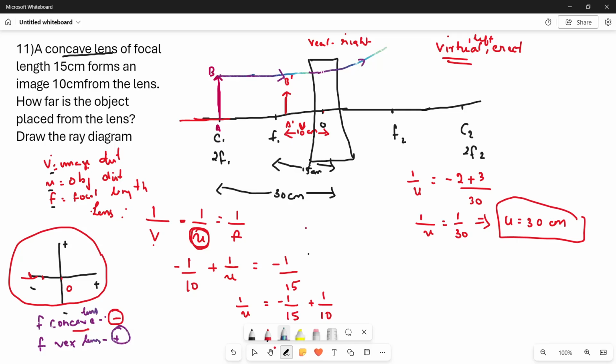But it tends to pass through this focal point. Yes, it appears to pass through the focal point. The path actually diverges, but if you extend it from where it diverges, see, one more time I will redraw it.